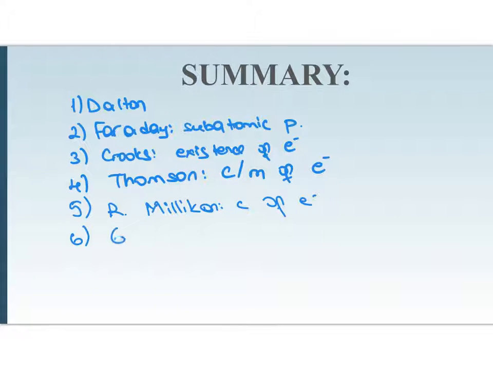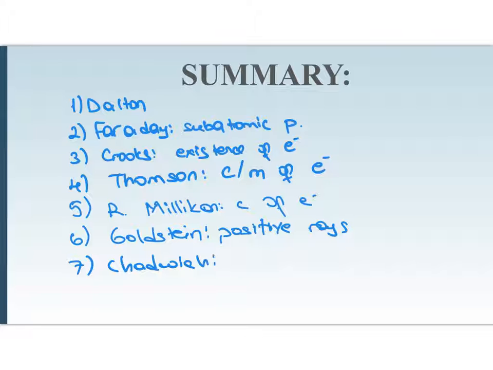We can talk about Goldstein. He had the proof of the existence of the positive rays. We have Chadwick, who carried out the experiment for the existence of the neutron. We have Rutherford, who carried out the alpha scattering experiment, also known as the gold foil experiment.